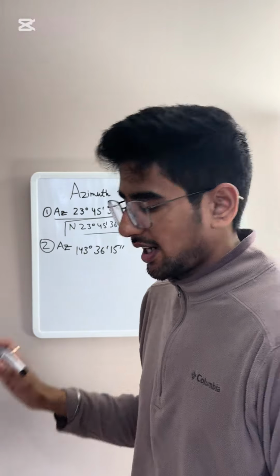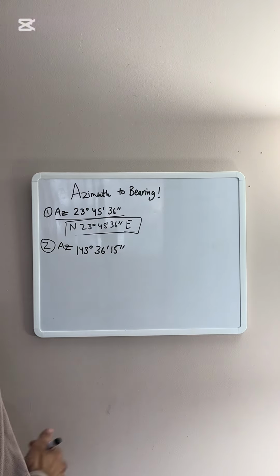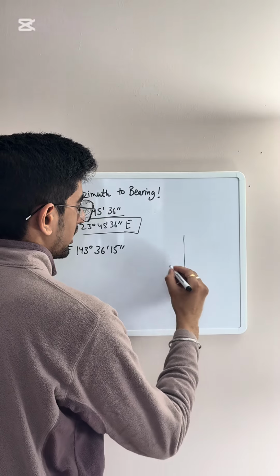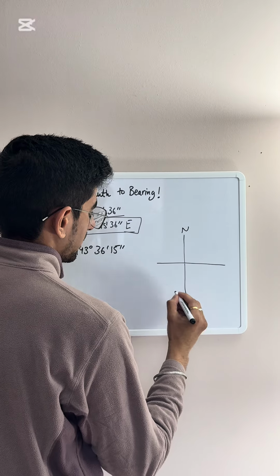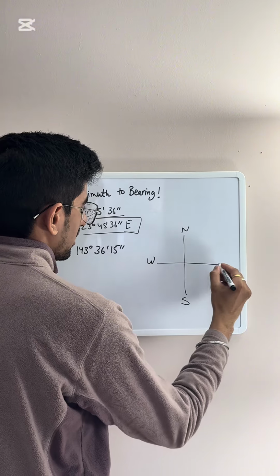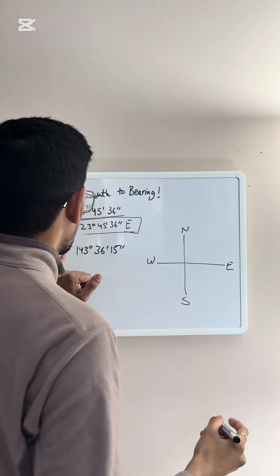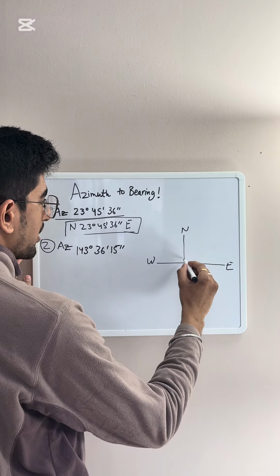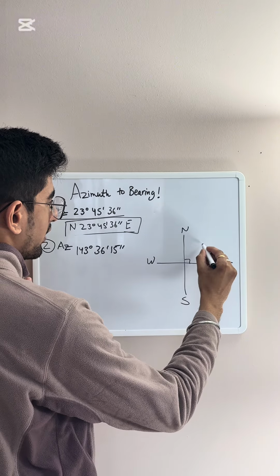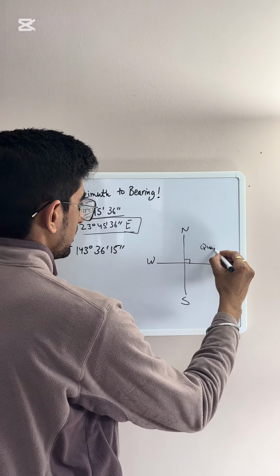Now we will see when the line is in the second quadrant, and how do we know it's in the second quadrant. I will show you that. You make the quadrant diagram. This is 143 degrees, so definitely it's past this, because each quadrant is 90 degrees.